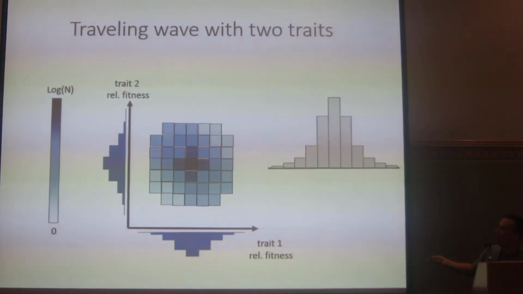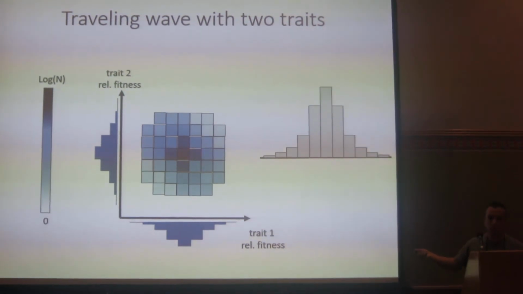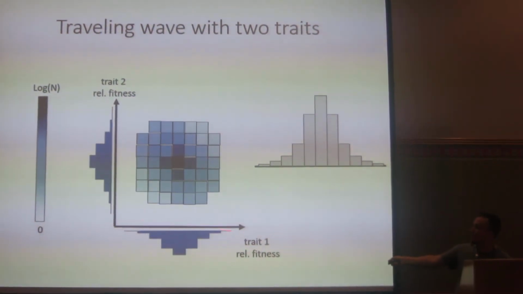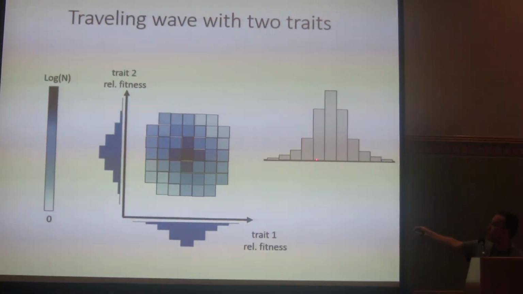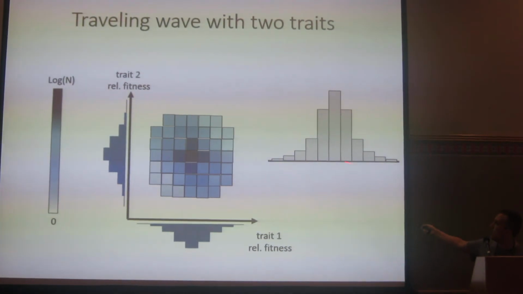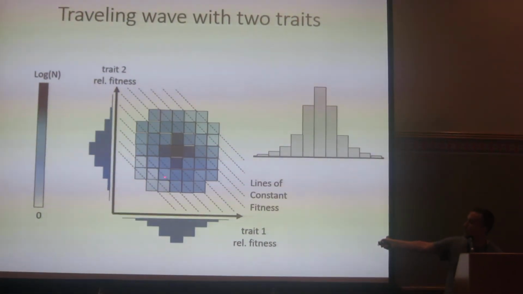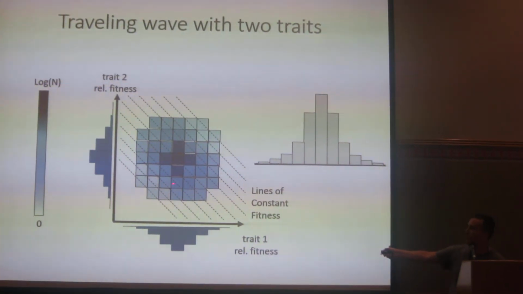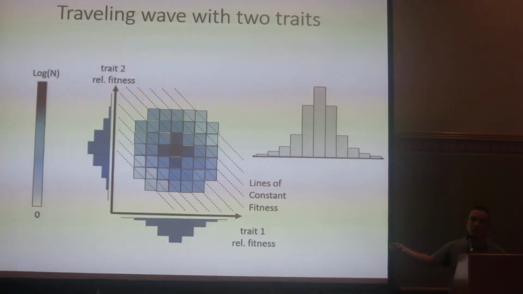The important thing is that we can relate some of this model back to the 1-dimensional case. Even though we have 2 axes representing 2 traits, because we're assuming symmetry, if you have mutations occurring in one direction versus another direction, they both give you the same amount of fitness.